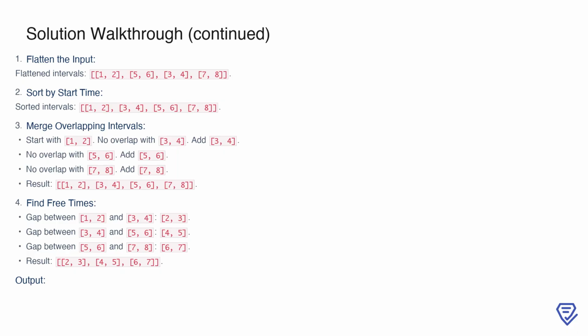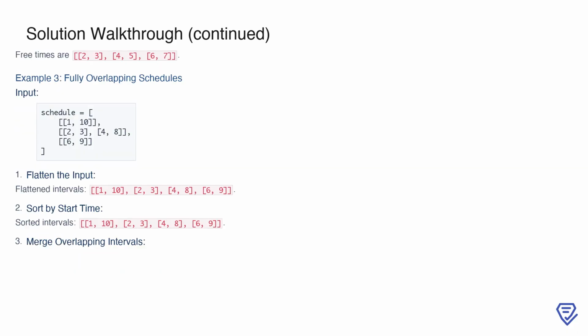With the merged intervals unchanged, we can now identify the free times. The gap between [1,2] and [3,4] is [2,3], the gap between [3,4] and [5,6] is [4,5], and the gap between [5,6] and [7,8] is [6,7]. These gaps give us the free times [2,3], [4,5], [6,7].